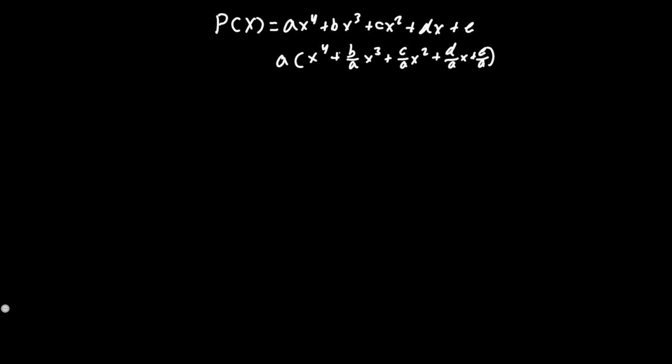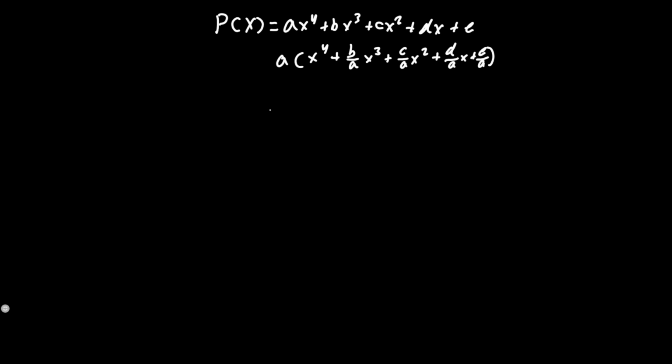And we're just going to focus on the inside now, the parentheses. What Ferrari did was complete the square for these three terms, the x to the 4, x cubed, x squared.